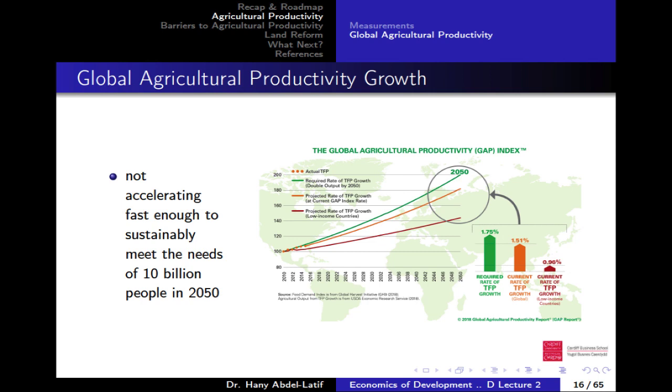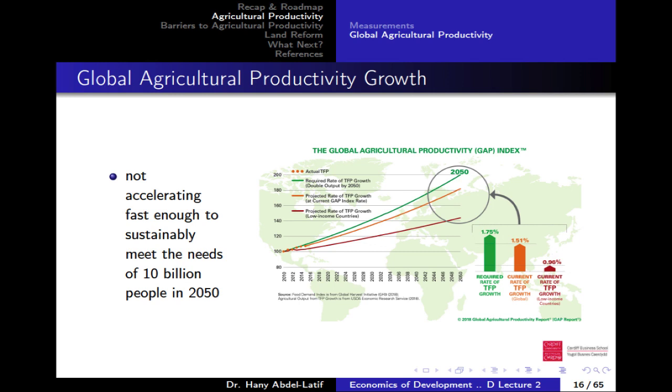And this is exactly the picture. Of course, if these things change, hopefully in a good way, we will be in a much better situation. But anyway, just to give you an idea of how productivity in the agriculture sector is a major issue, not just in developing countries but for the whole world, because this is food, supply of food. This is what we eat, that's what everyone needs.